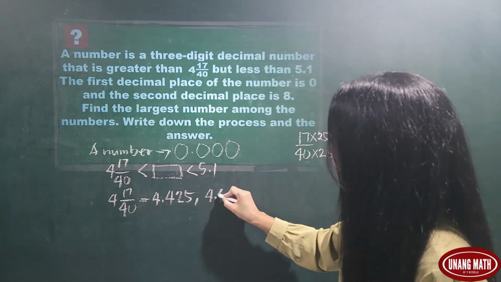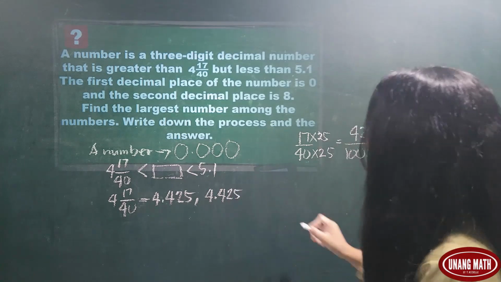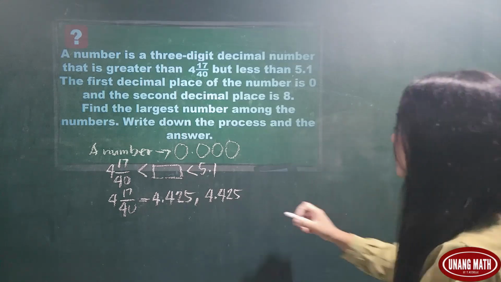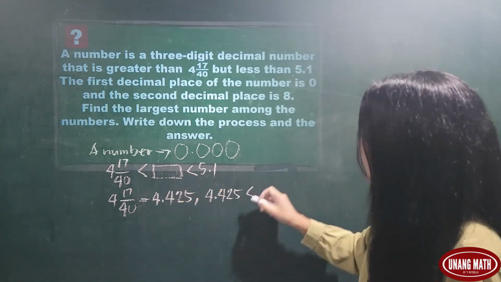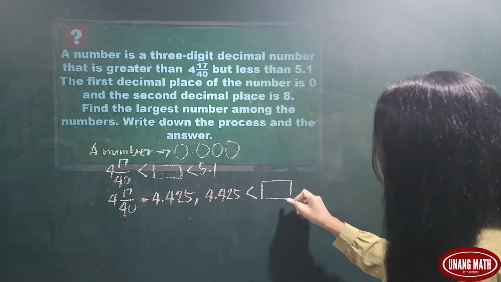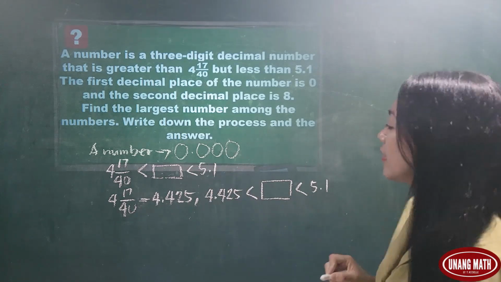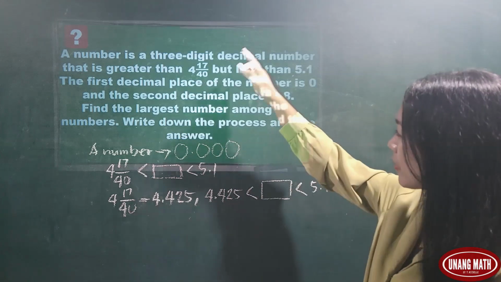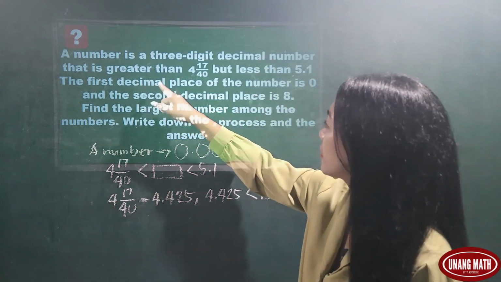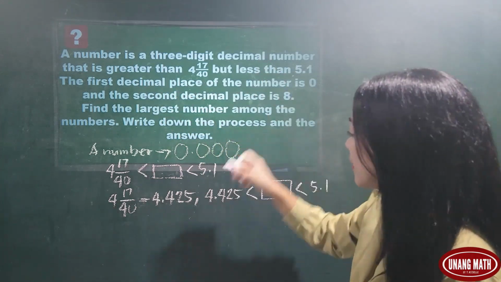Okay, isulat natin ng mabuti. 4.425 is less than this 3-digit decimal number, and this one is less than 5.1. Okay, according sa problem na ito, the first decimal place number is 0.